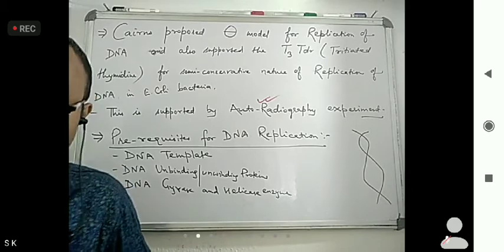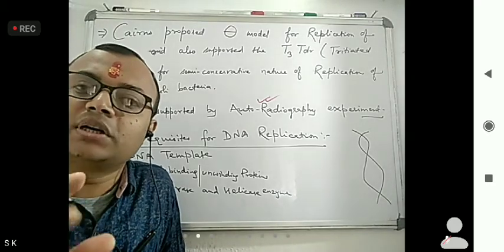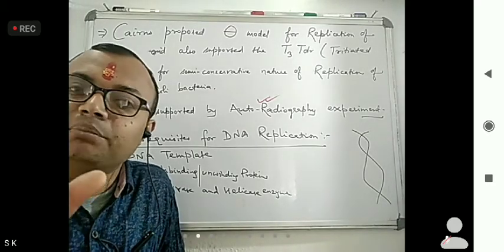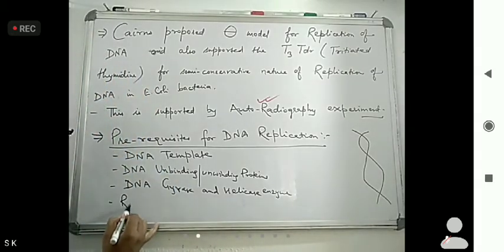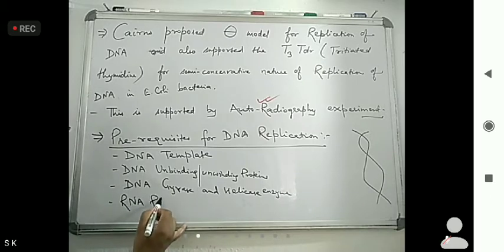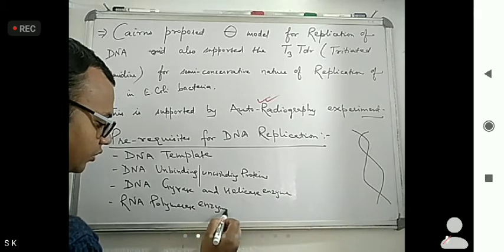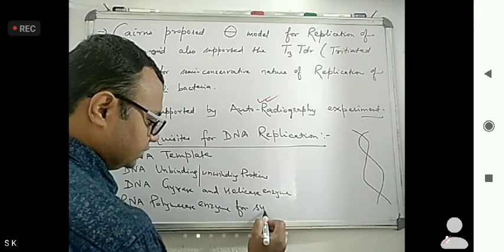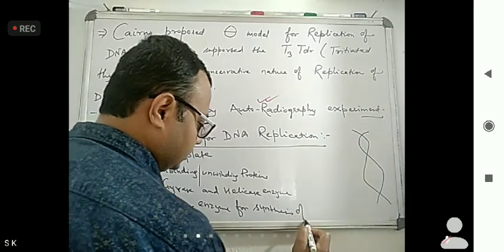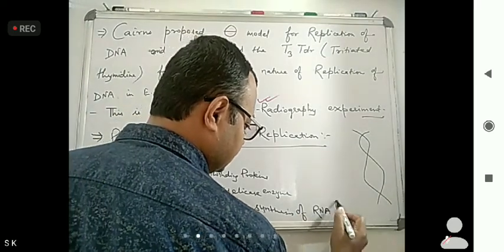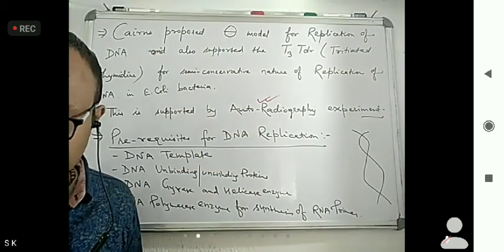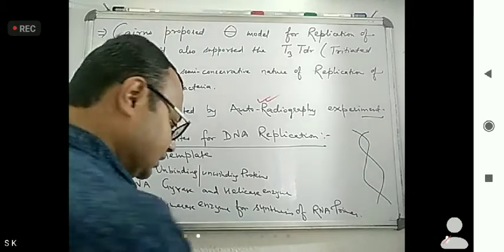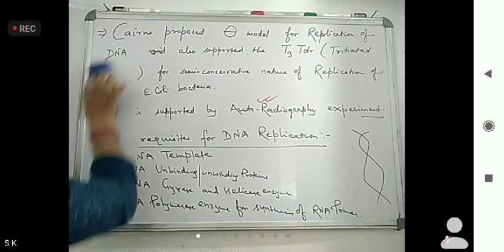Then what? RNA polymerase enzyme for starting the replication by the help of RNA primer. So RNA polymerase enzyme is for synthesis of RNA primer, because this is an important one for starting the replication. Another thing, DNA polymerase enzyme 3, 2, 1.